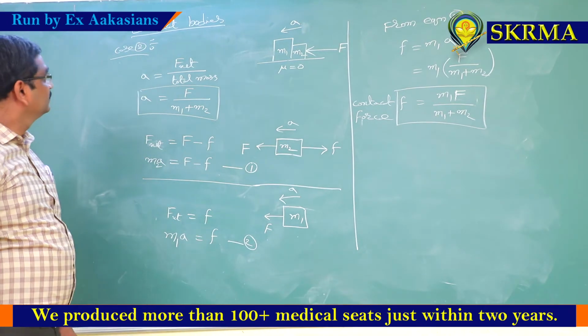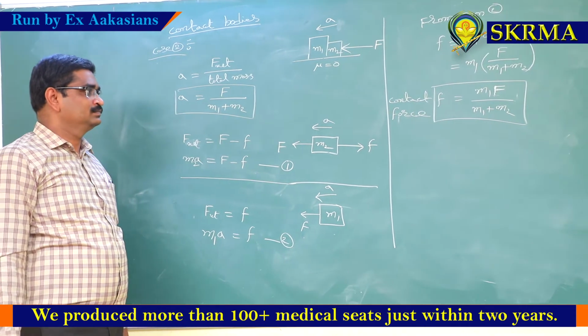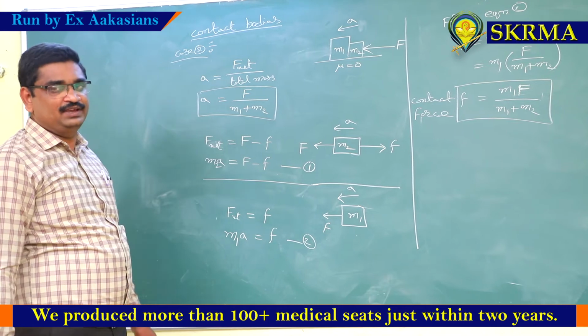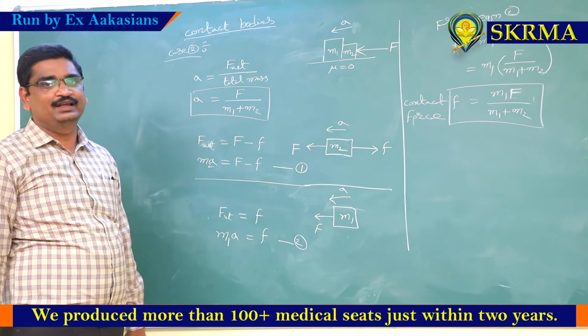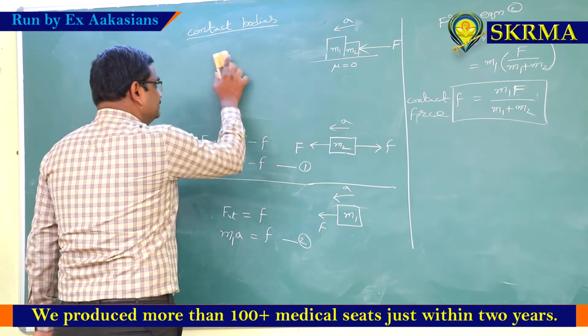Next example: if three objects are there, can you apply this concept for a three object system? Yes, we can apply the same concept for a three object system also. That is nothing but case 3.